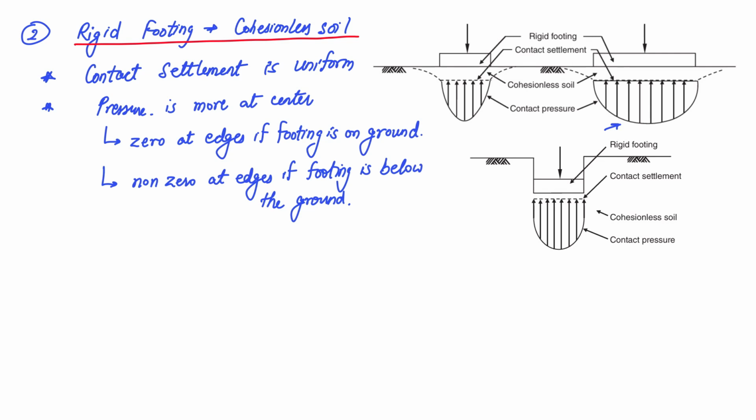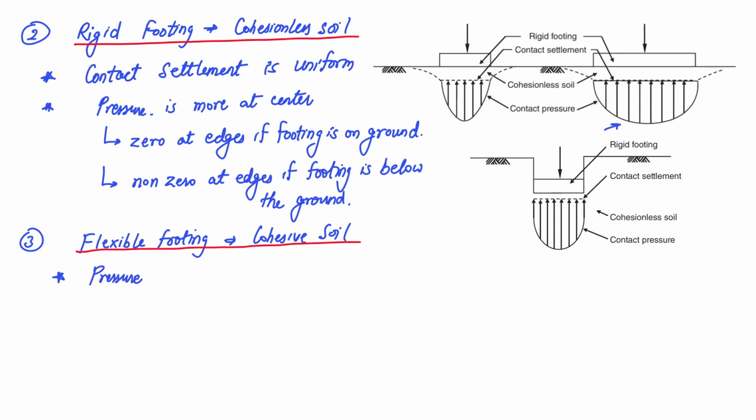Now let us consider our third case, which is a flexible footing, but now the soil is changed to cohesive soil. In such a case you will see that the contact pressure distribution is uniform, but the resulting contact compressive strain, that is settlement, beneath the footing shows a dish pattern.